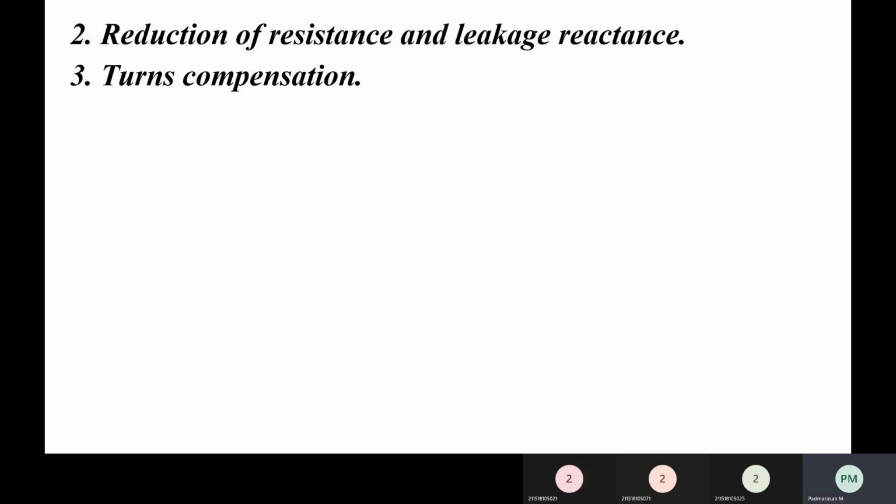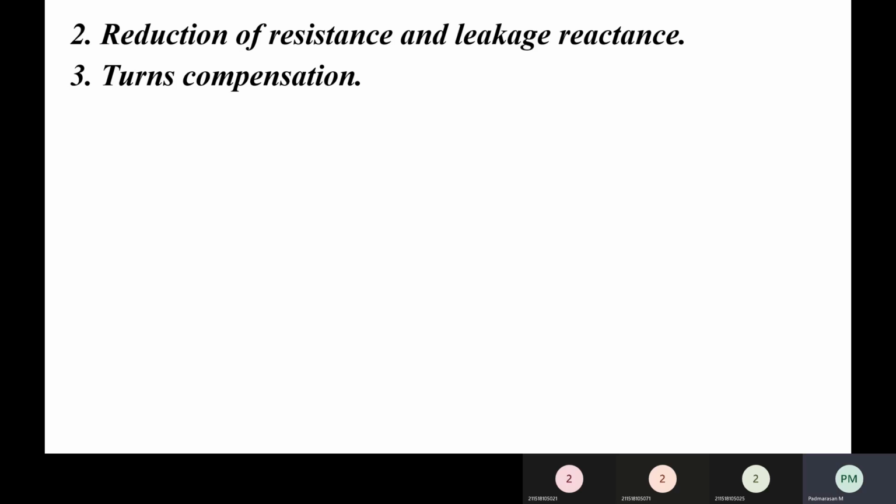Third one is choosing low reactance cores. If we choose a low reactance core in the instrument transformer, Im and Iw can be reduced. Next, using a core of large cross section. Using a core of large cross section, we can reduce the errors due to Im and Iw.